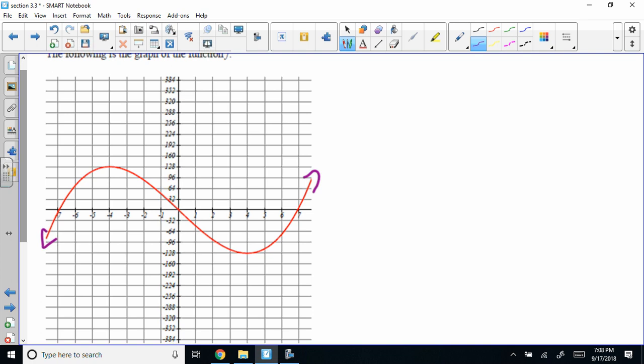Now you cannot assume that the pattern is going to continue off the page. You can assume that right hand behavior is going up, increasing, and left hand behavior is decreasing the whole time, or at least when it leaves the graph.